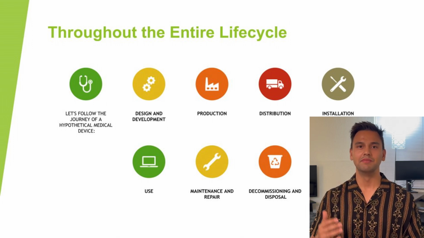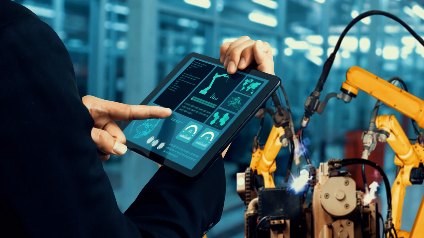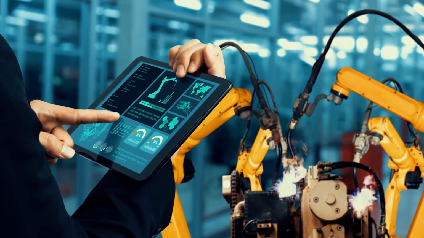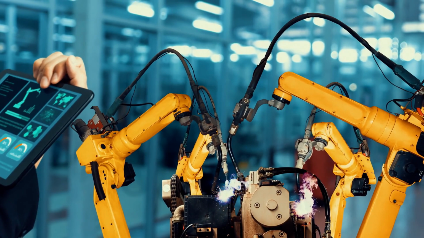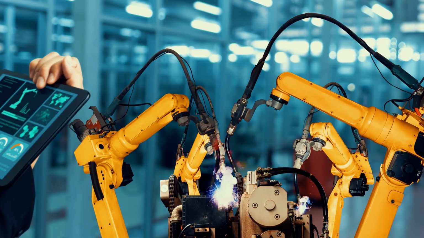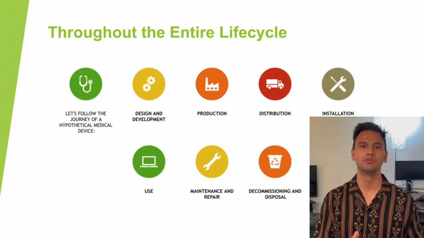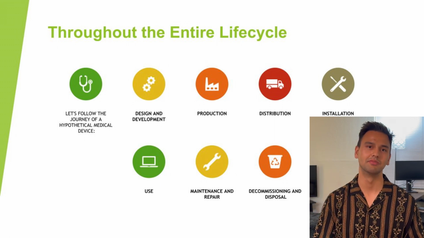For example, a manufacturer of a surgical robot might use risk analysis to identify the risk of unintended movements of the robotic arms, right? Because if it moves in a different, unintended direction, then it can affect the patient. And then they design this robot with safety features to prevent these movements from occurring. So that's the benefit, basically brainstorming.